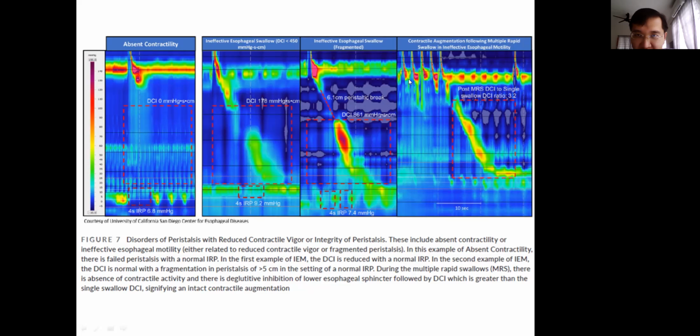On top of that, you can see that during the 5 rapid swallows, the IRP actually drops, showing that there is significant LES relaxation. And there is absence of any contractile activity when the multiple rapid swallows were done, which shows intact deglutitive inhibition reflex in these patients. The normal one should appear like this.